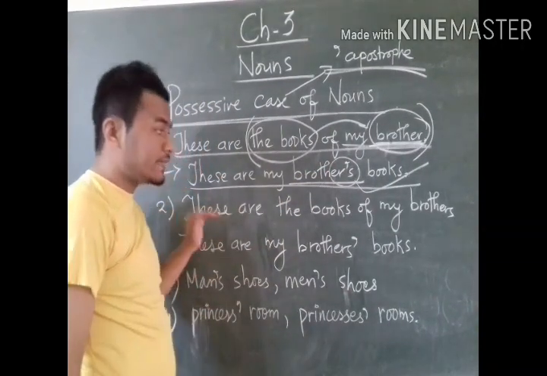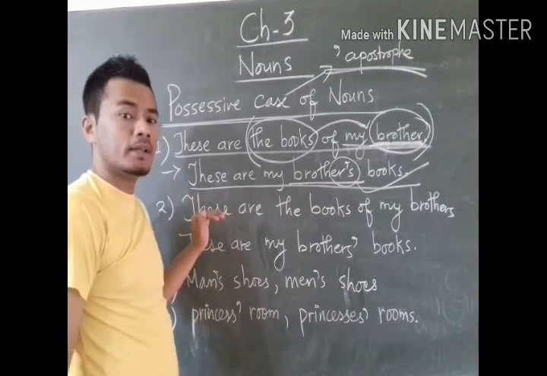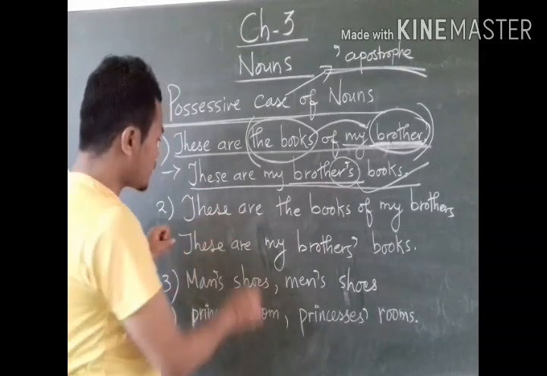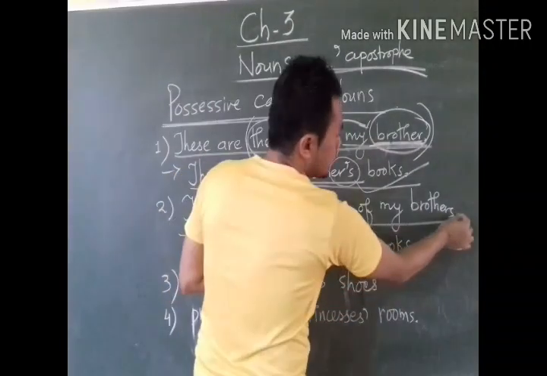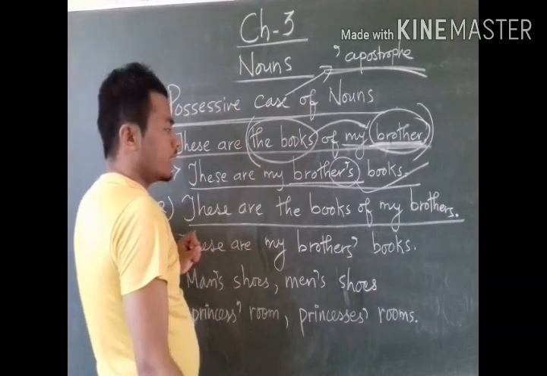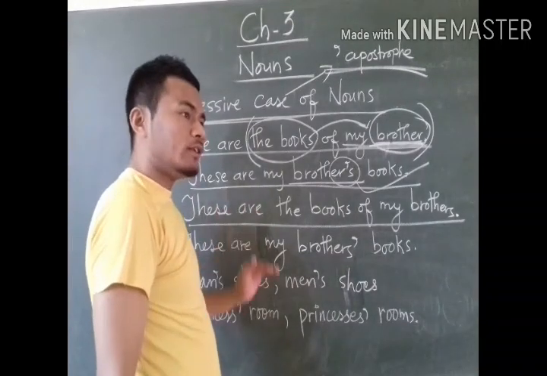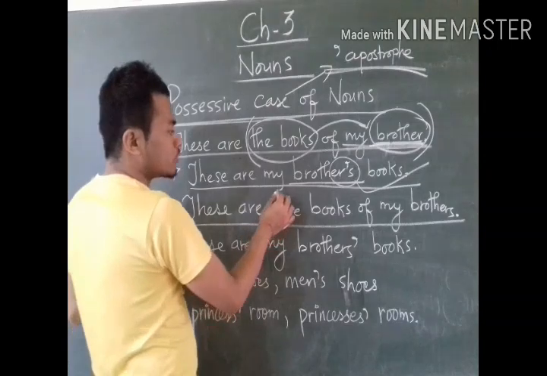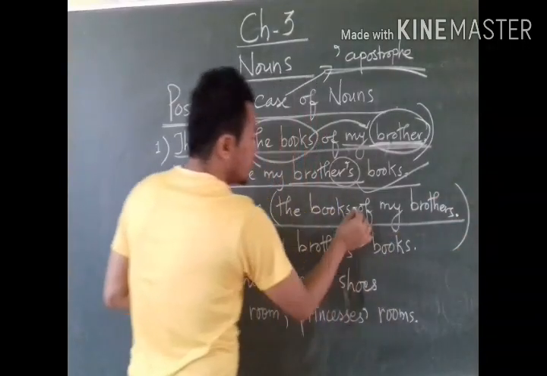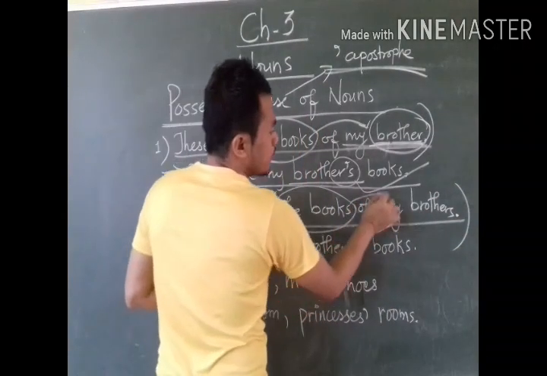Okay, but look at this second example, same sentence. These are the books of my brothers. Here again we have to understand what thing belongs to what. Here also the books belong to my brothers.